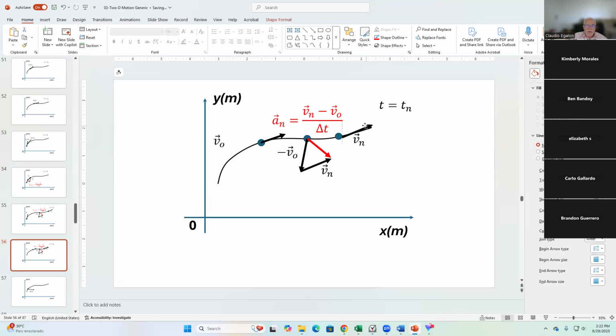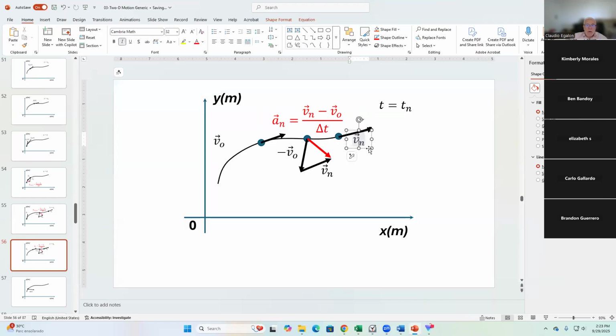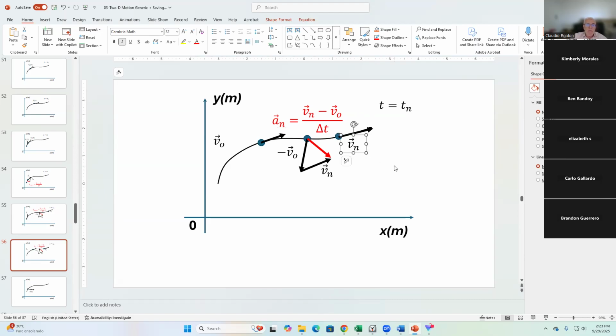So we go through this trouble to find out what the direction of the instantaneous velocity vector would be in this case.